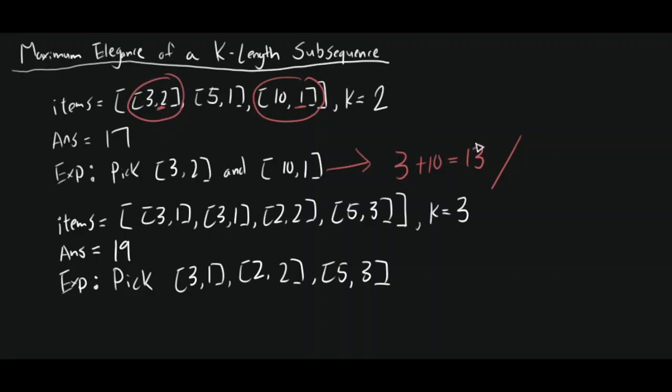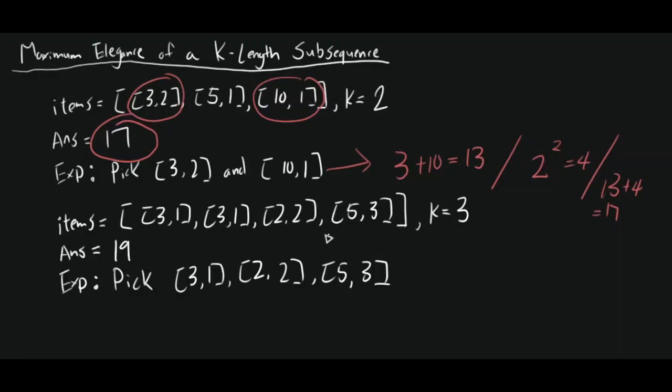So we apply square on that, which is 4. And eventually we get 13 plus 4 equals 17. And this is how the 17 is calculated.